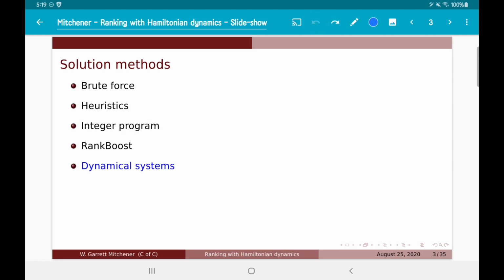From the data science community, there's an algorithm called RankBoost, which is related, of course, to boosting. This does a reasonably good job and is actually very flexible.